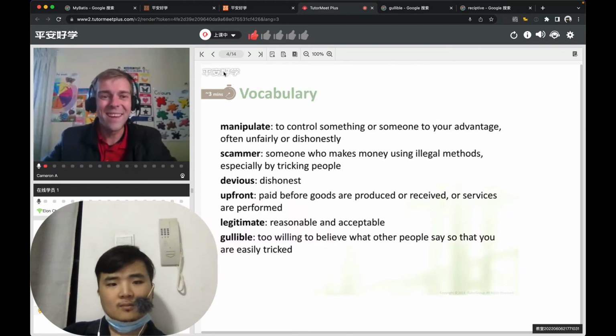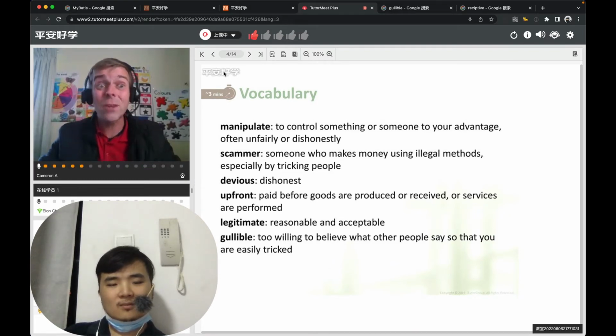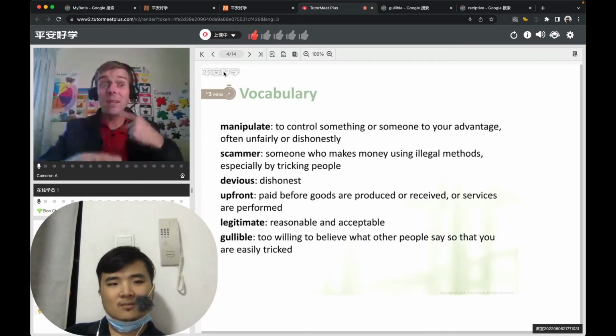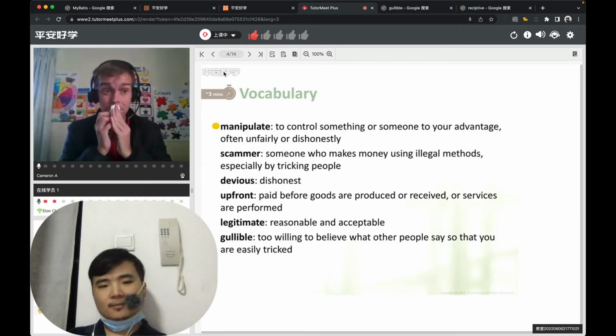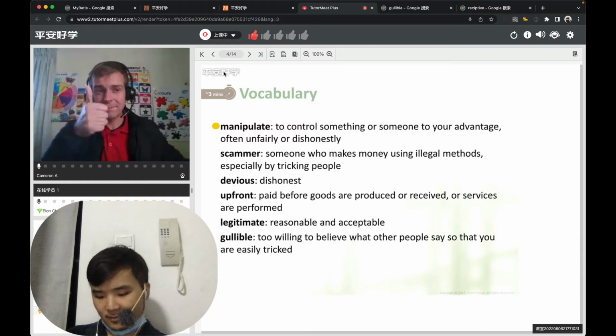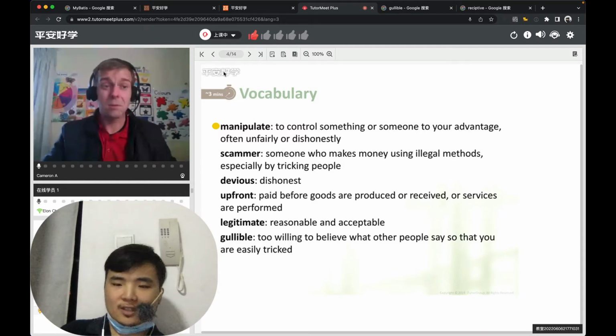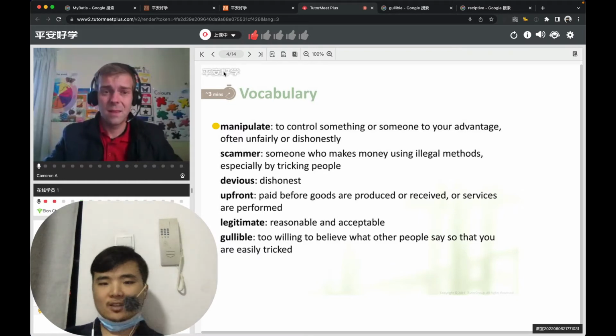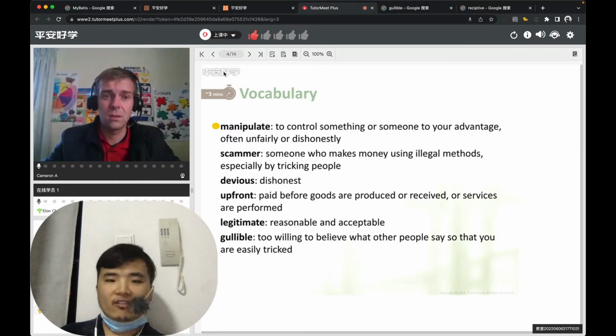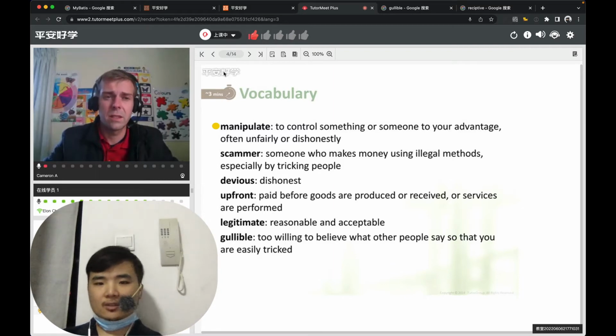All right, our new vocabulary words. Again, I'll say it first. Listen to how I say it, then say it after me to practice pronouncing it and read the full definition, please. The first one is manipulate. Manipulate: to control something or someone to your advantage, often unfairly or dishonestly.